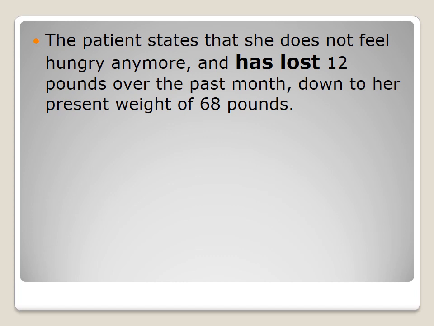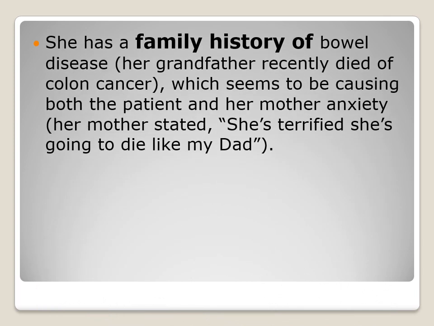That is, her weight loss began in the past and it's still true. Okay, now, family history of is a good phrase to learn for a nurse. Patients may have a family history of heart disease, of asthma, of allergies, a family history of diabetes, a family history of breast cancer, for instance.